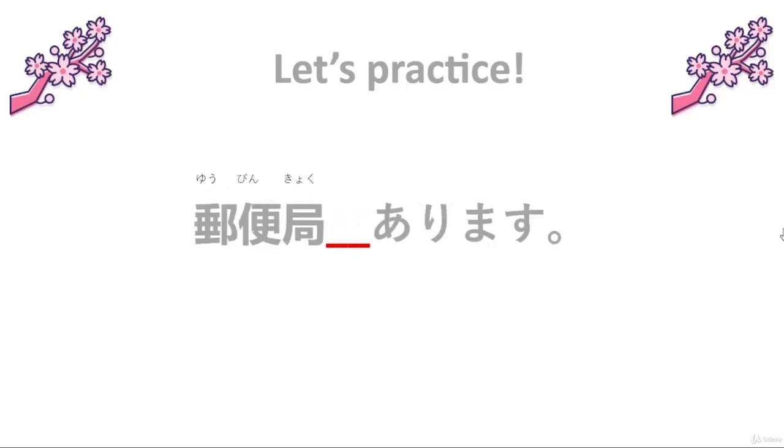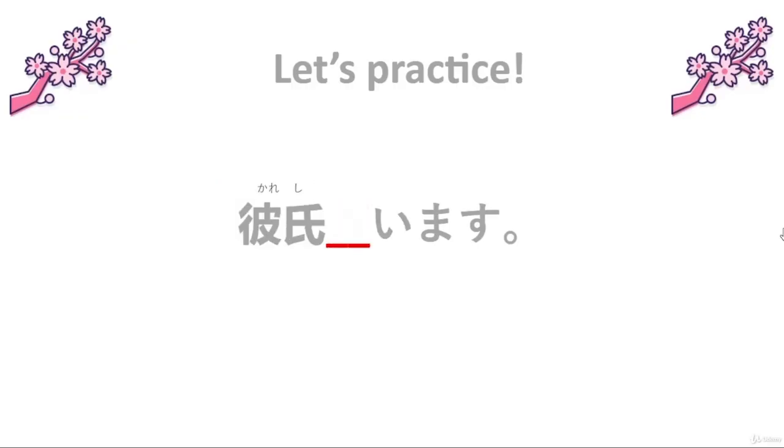Very good. 郵便局あります。Post office is. So what particle do we always use with あります, with existence? 郵便局があります。Very good.